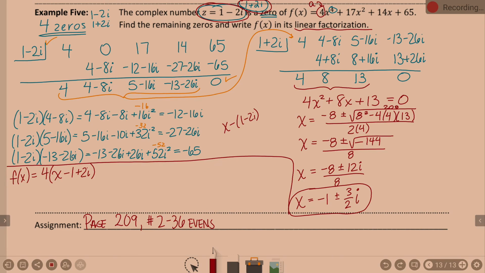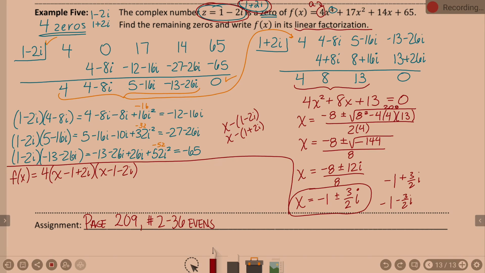Okay? Next one. Let's use 1 plus 2i now. x minus 1 minus 2i. That's just doing x minus the 1 plus 2i. Okay. This over here is 2 different ones, yes? This is negative 1 plus 3 halves i and negative 1 minus 3 halves i, yes?